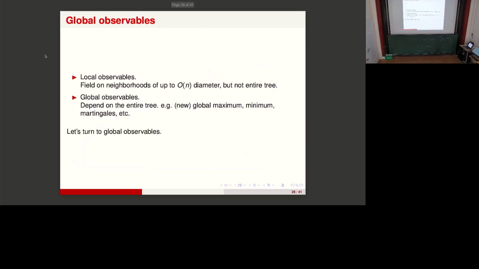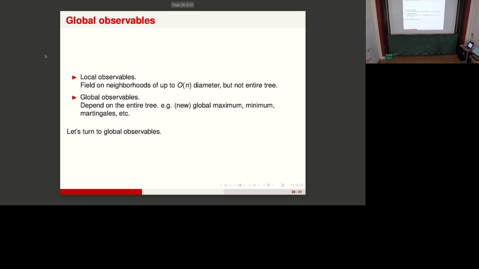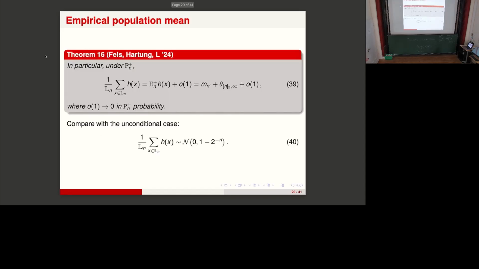Okay, let me switch to global observables. Global observables are quantities that depend on the whole tree, like global maximum, minimum, exponential additive martingales, and so on. Here are some results of that nature.